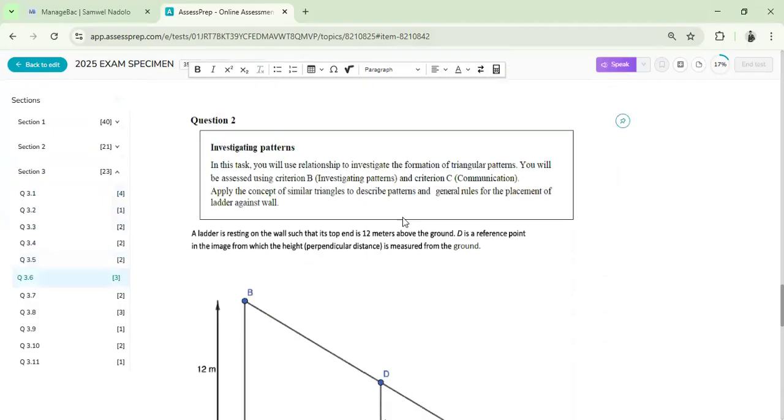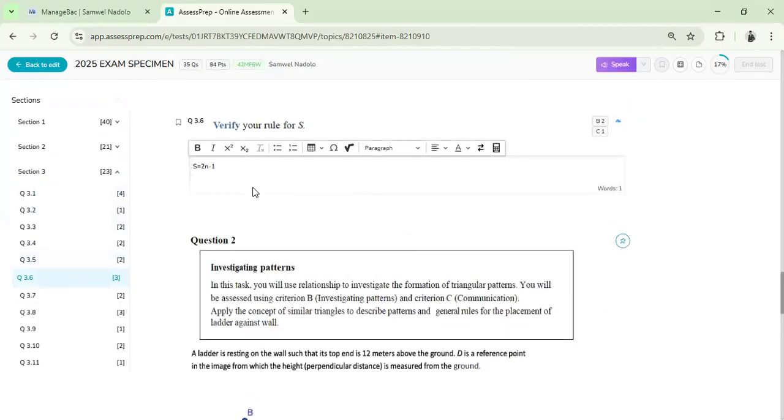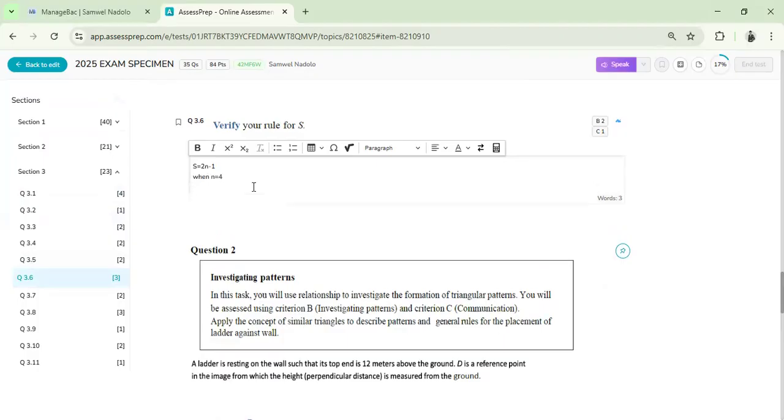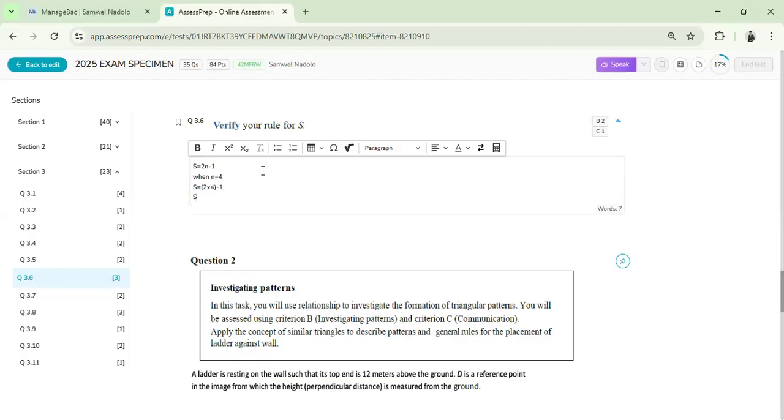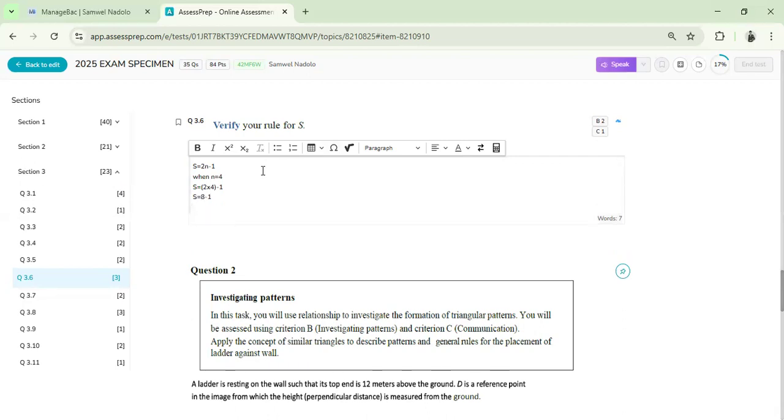So we come down here and say when n is equal to 4, s will be equal to 2 times 4 minus 1. So 2 times 4 is 8. 8 minus 1 is 7. So s is equal to 7.